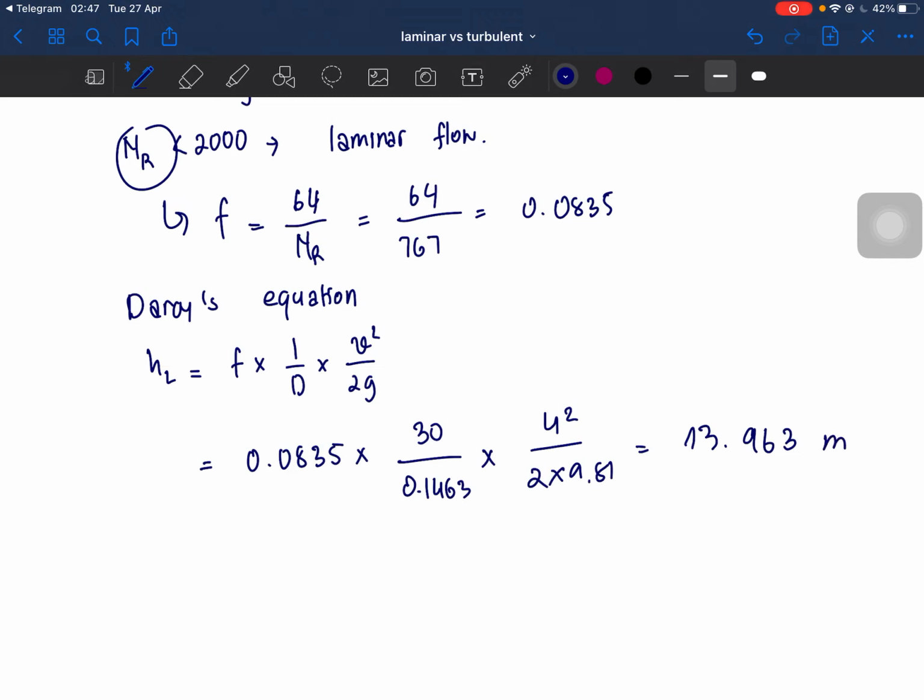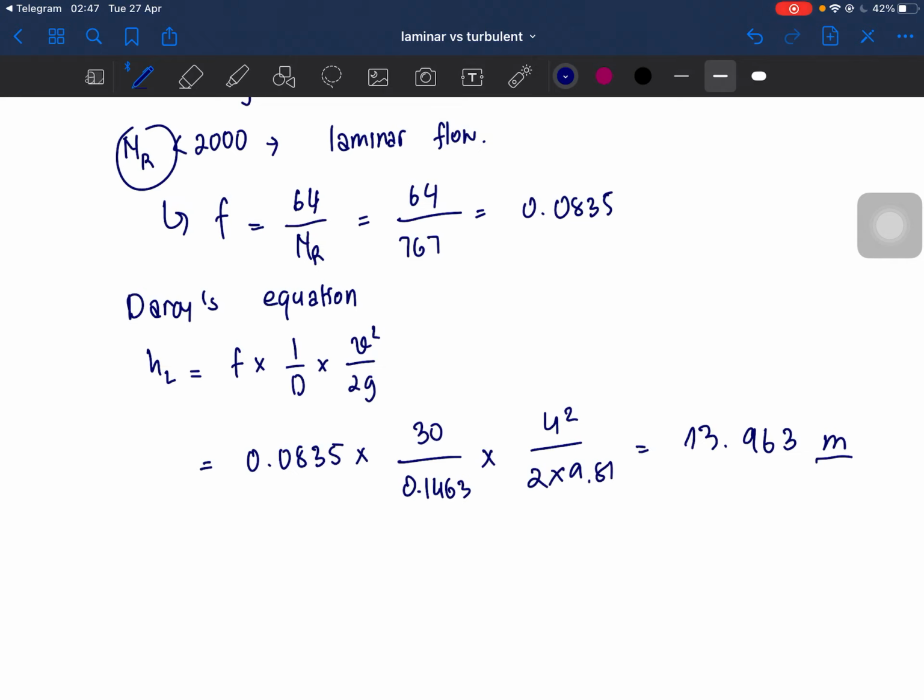In this case, it is expressed in the SI unit system, so HL will be in meters, or in other units if it is in US units.